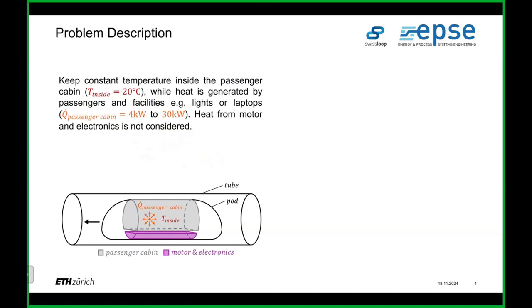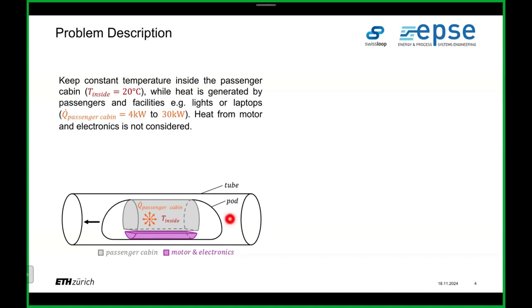Yes, and you can see here there's also this part, the motor and the electronics, which I didn't cover in my bachelor thesis because I think these are two different problems.